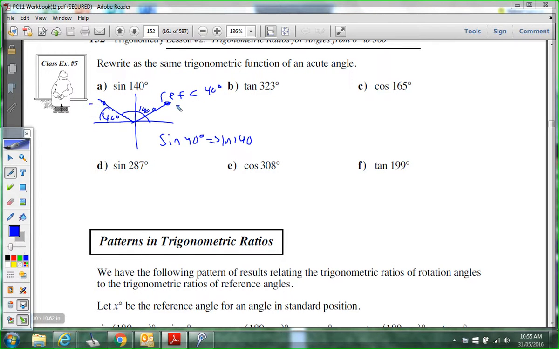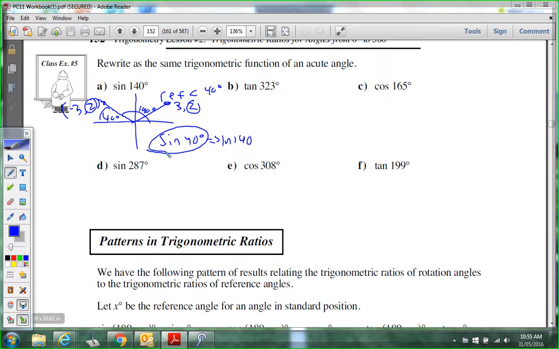So if this, I'm just making this up, if this was 3, 2, this is negative 3, 2. But the point is, we only care about the 2 because that's the y. To write this with that degree measure acute, I need less than 140. So since they're the same, I'm going to write it with 40.